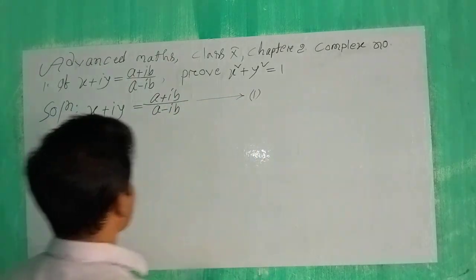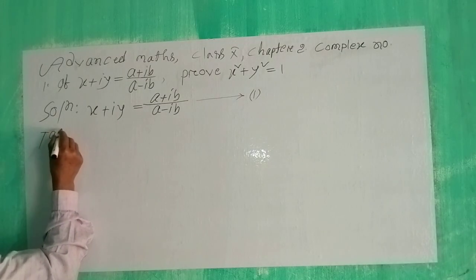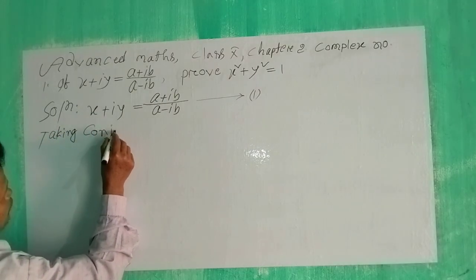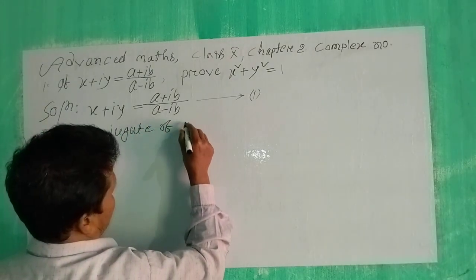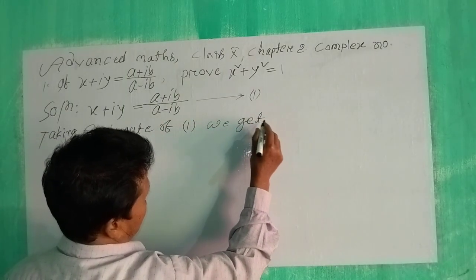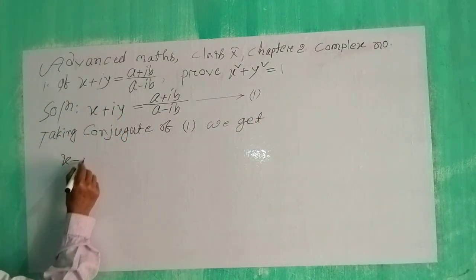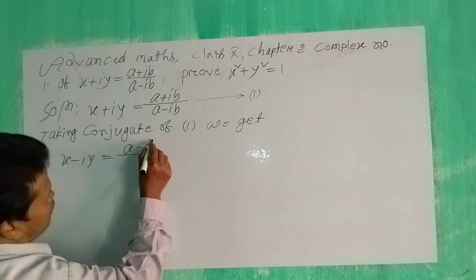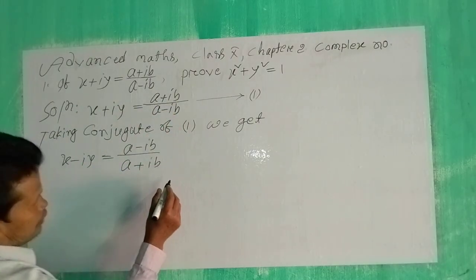Now taking the conjugate of equation number 1, we get: conjugate of x plus iy equals x minus iy, conjugate of a plus ib equals a minus ib, and conjugate of a minus ib equals a plus ib, equation number 2.